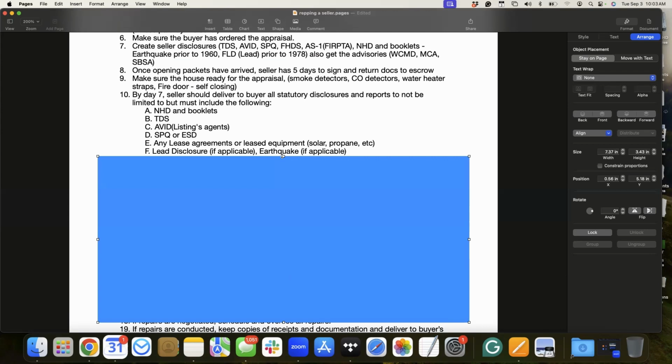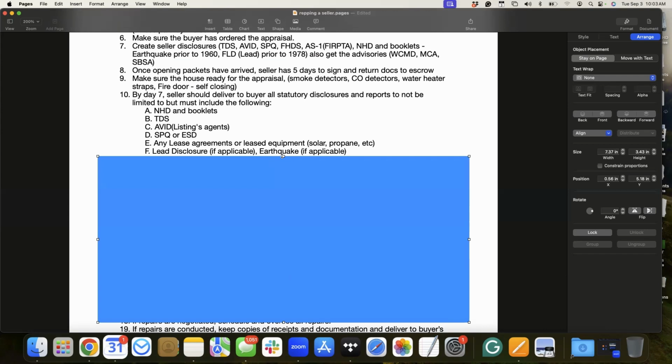Why? Because we would take AVIDs to the seller, and the seller would say, I don't agree with what you wrote about my house. I'm not signing this. So they don't have to sign it now. They don't even have to initial it anymore. Who does the AVID belong to? Who does it protect? Us, the agents. It's our visual inspection. It's not the seller's disclosure. So the seller doesn't have to sign it.